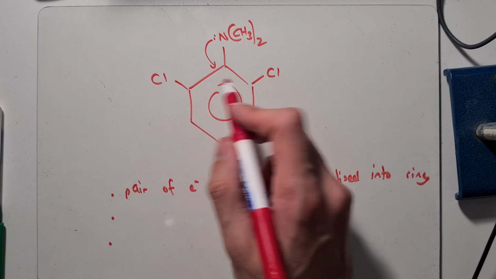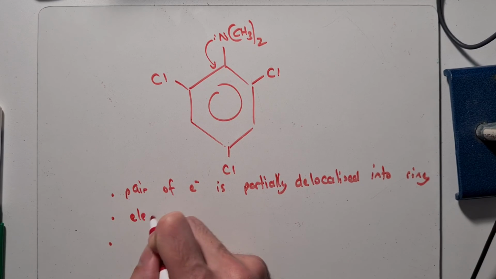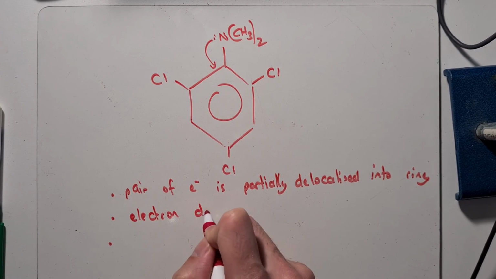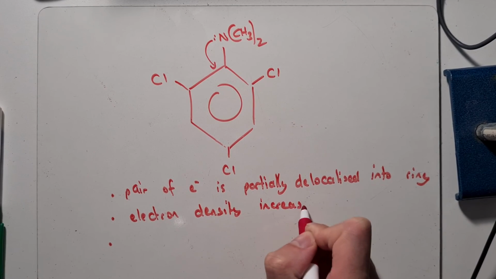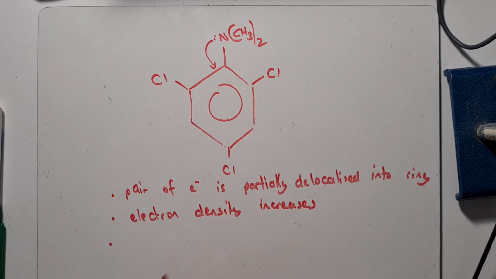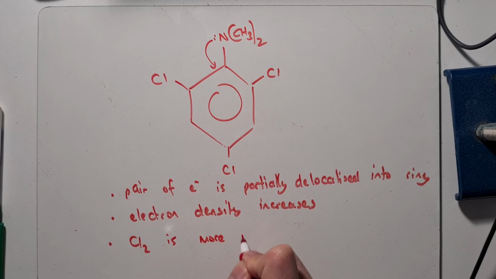Then that makes the ring more electron dense. So our electron density increases. That means that when chlorine comes close to it, Cl2 is then more polarized.